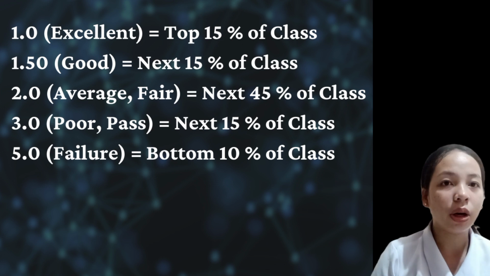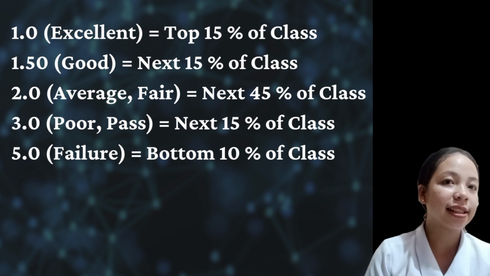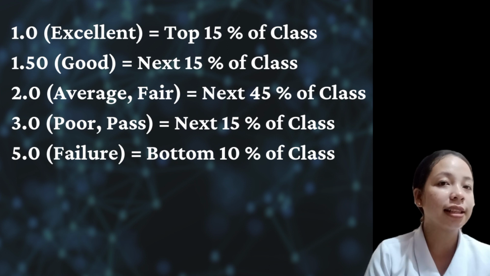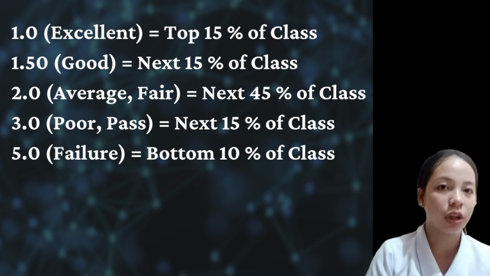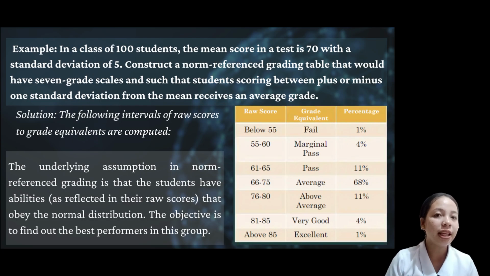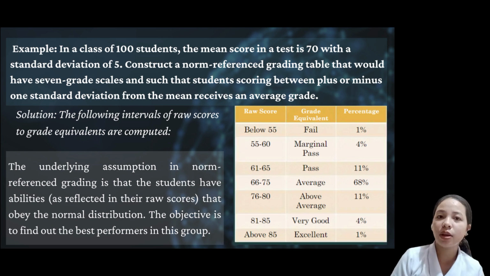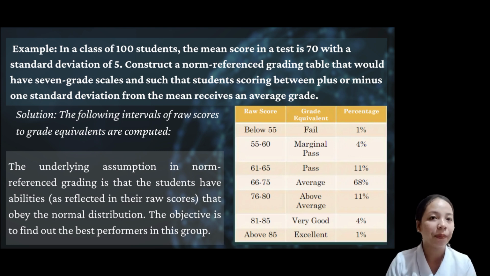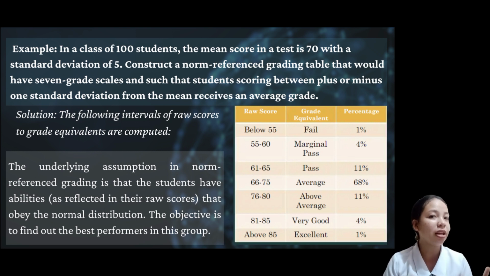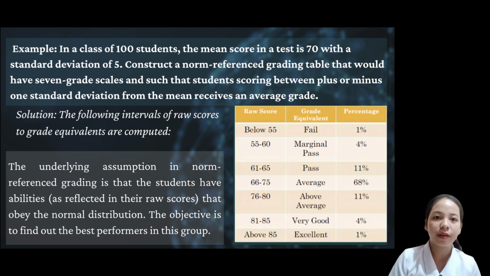In the table below, 1.0 for excellent, top 15% of the class, 1.50 good, next 15% of the class, and so on. Example, in a class of 100 students, the mean score in a test is 70 with a standard deviation of 5. Construct a norm referenced grading table that would have 7 grade scales and such that students scoring between plus or minus 1 standard deviation from the mean receive an average grade.